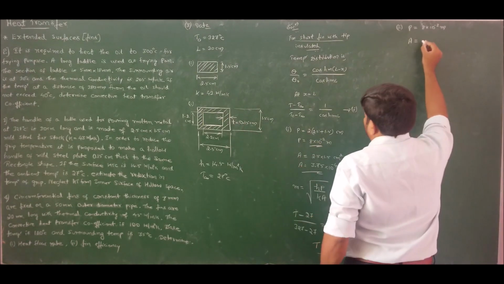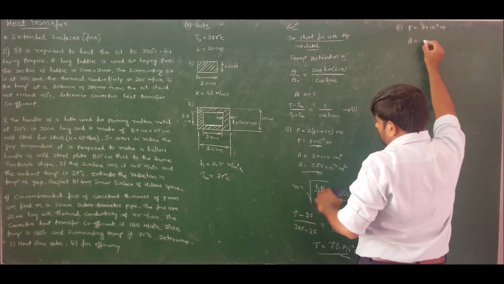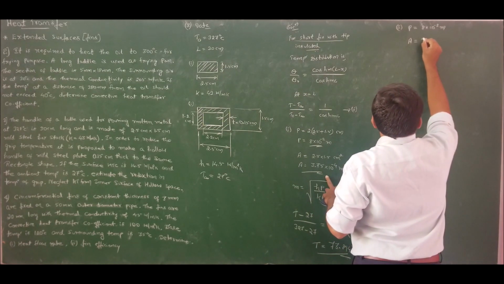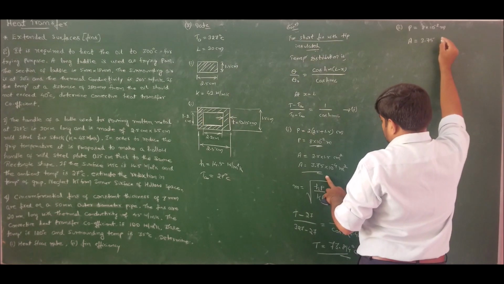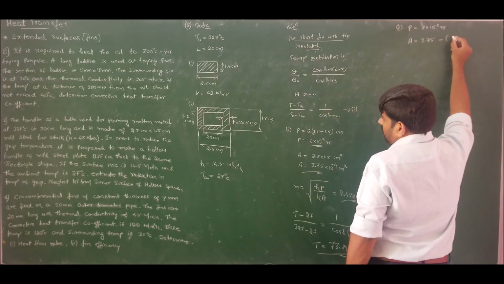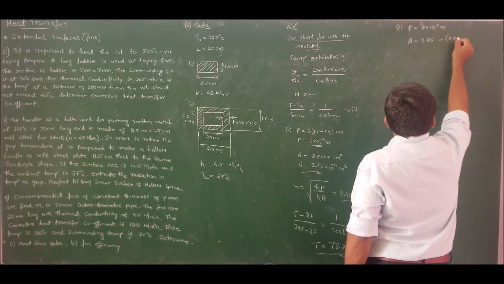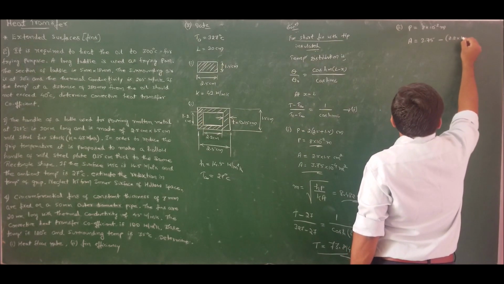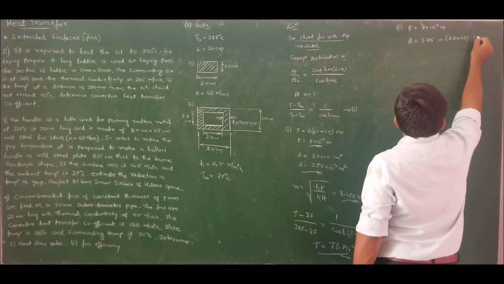So removing the hollow area, the original area is 3.75 centimeter square minus the hollow space, which is 2.2 into 1.2 centimeter square.